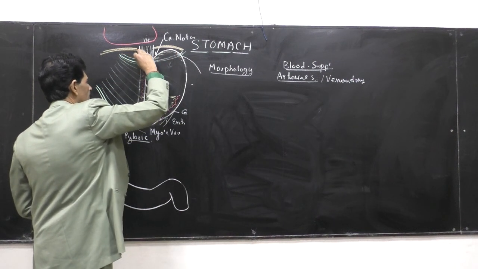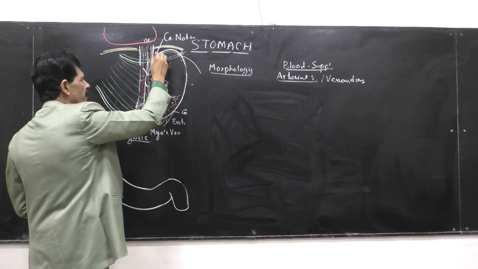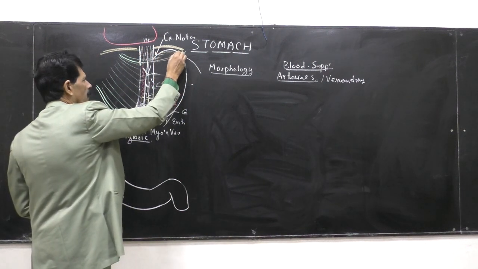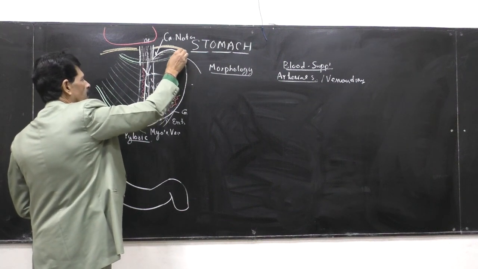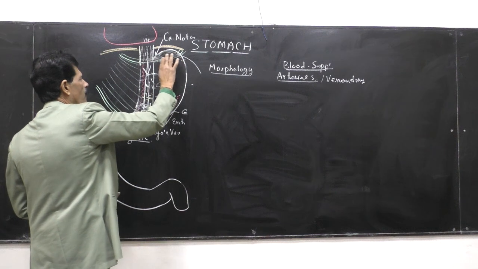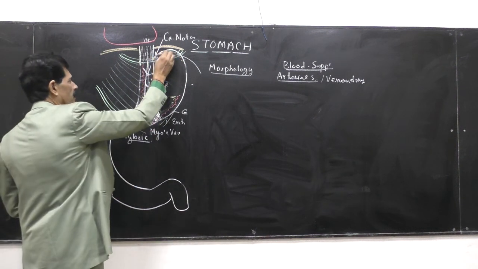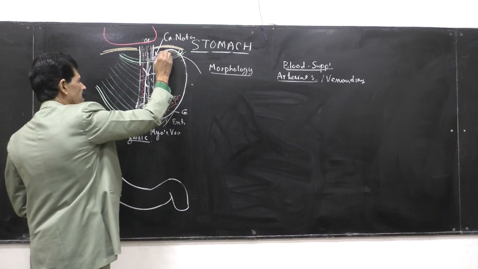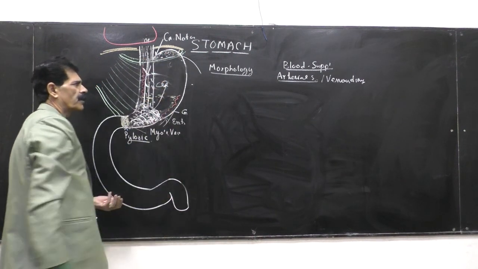Layer number 2 passes behind the stomach, covers the posterior surface, and then goes to touch the diaphragm and becomes the diaphragmatic peritoneum. So this part, the fundus of the stomach, remains without peritoneum. It is also called the bare area of the stomach. Like the liver, the stomach also has a bare area because no peritoneum is touching it.